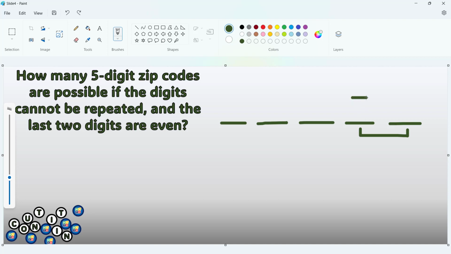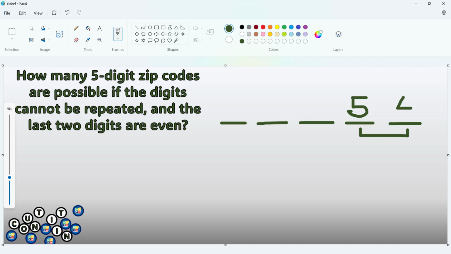So that would mean for this placement, we have 5 digits that are possible here: 0, 2, 4, 6, and 8. Now for the 5th digit, it should also be even. Once you've used 0, 2, 4, 6, or 8 here, it can no longer be used for the next because digits cannot repeat.